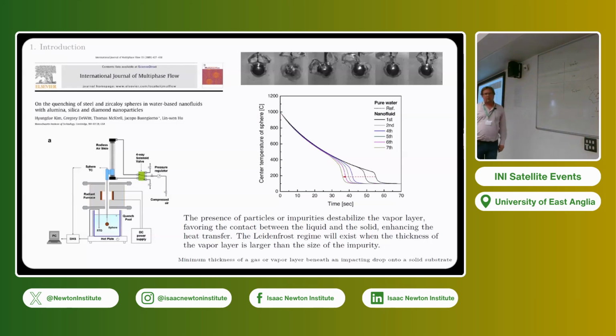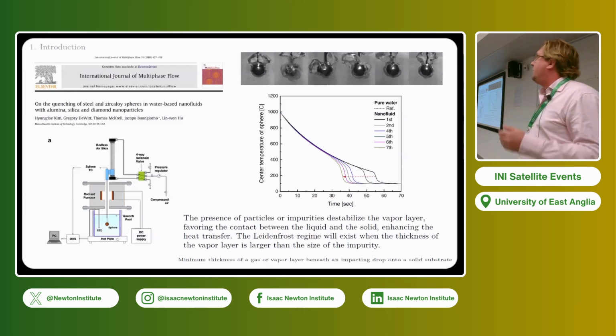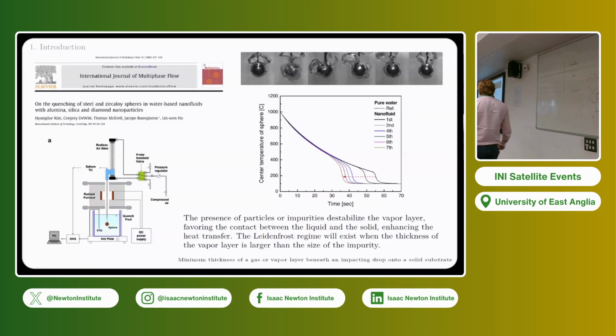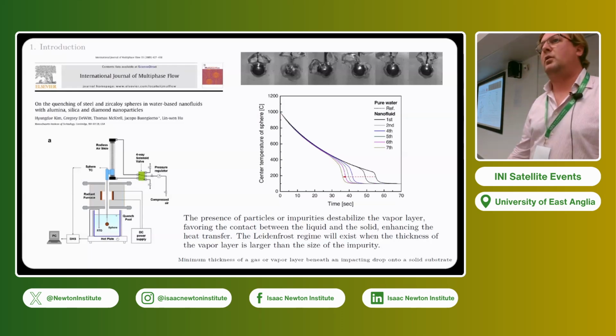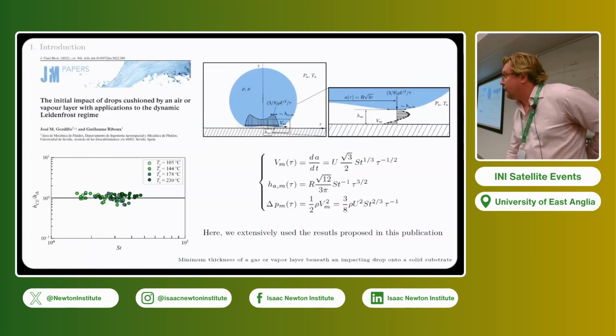He adds nanoparticles to the fluid and observes a different cooling behavior. So this result explains that the presence of particles or impurities destabilizes the vapor layer around the sphere and produces contact with the liquid.